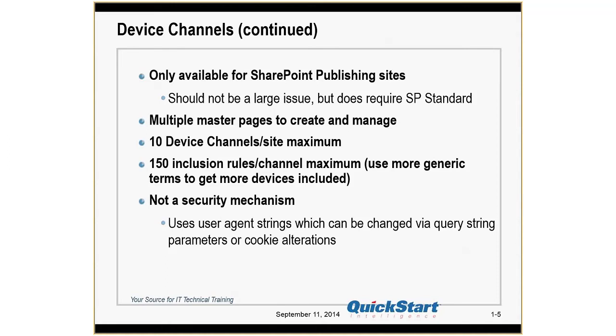But since you can match more generic terms, the 10 device channel limit isn't really a big deal. You'll likely find that you're not going to want to get anywhere close to 10 device channels, because these can add additional overhead when you're managing your site. Every device channel you configure separate master pages for, and then you have to update and maintain those master pages.